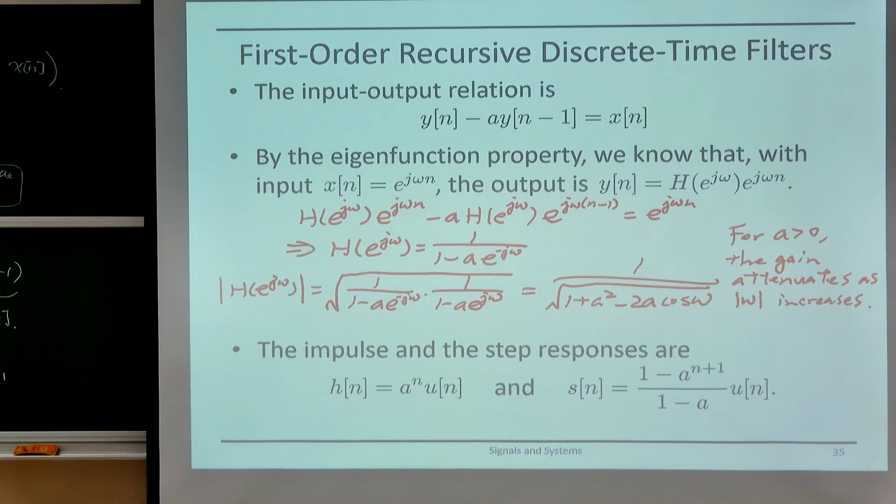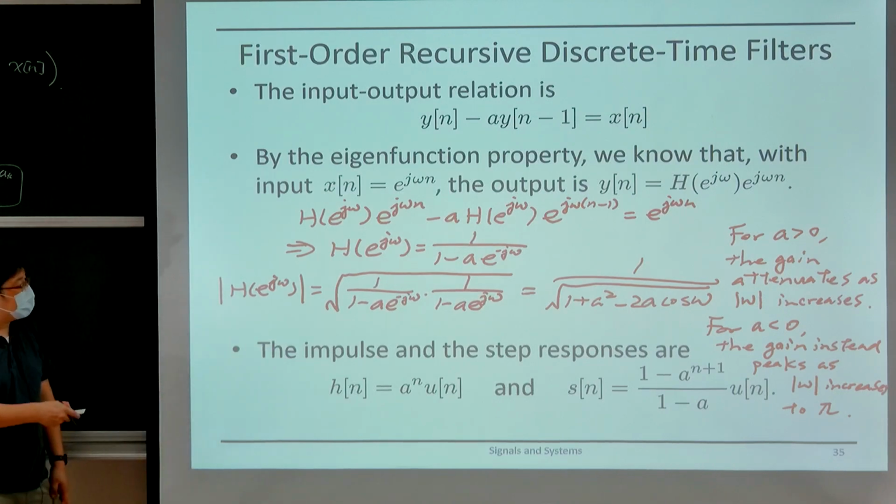Okay? And this is vice versa when a is negative. Okay? So for a less than 0, the gain instead peaks as ω increases to π. Okay?